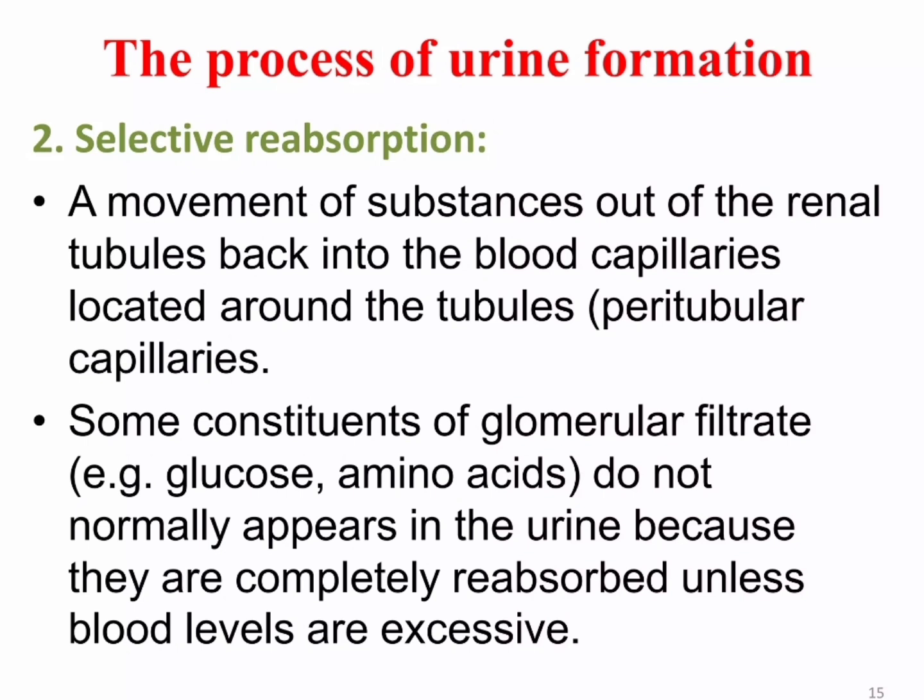Some constituents of the glomerular filtrate, like glucose and amino acids, do not normally appear in the urine because they are completely reabsorbed, unless blood levels are excessive.